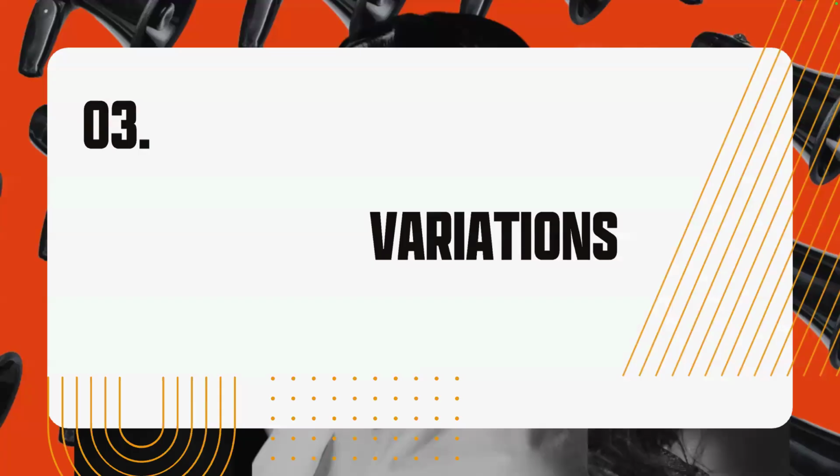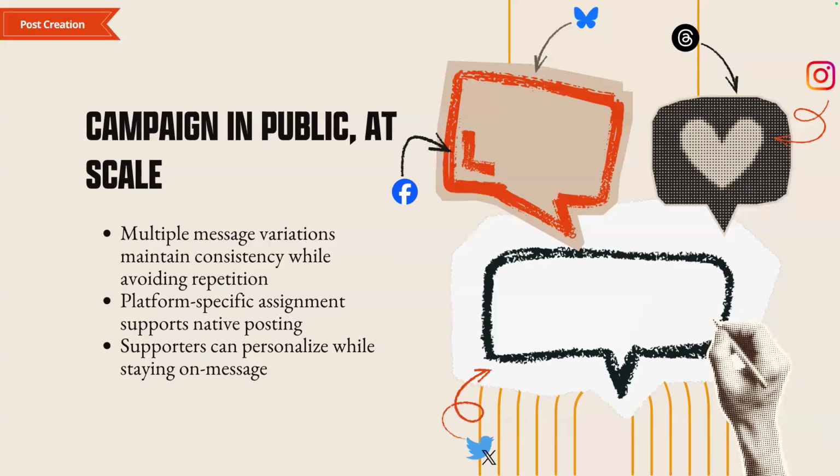And then next, we have variations. Very similar to our email tool, as we've talked to a lot of people, we know that campaigning is extremely effective when messages aren't being repeated the same amount in their inbox when it comes to email. So what we've done is make sure that this is available for all of the platforms.